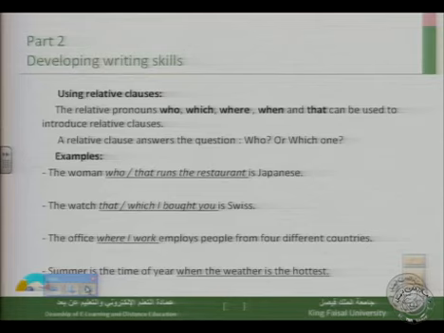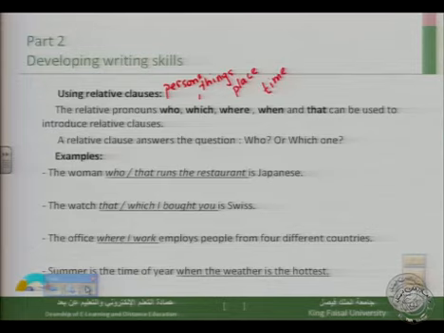Let's explain those relative pronouns. Who is used with persons. Which is used with thing or things. Where is used with place. When is used with time.